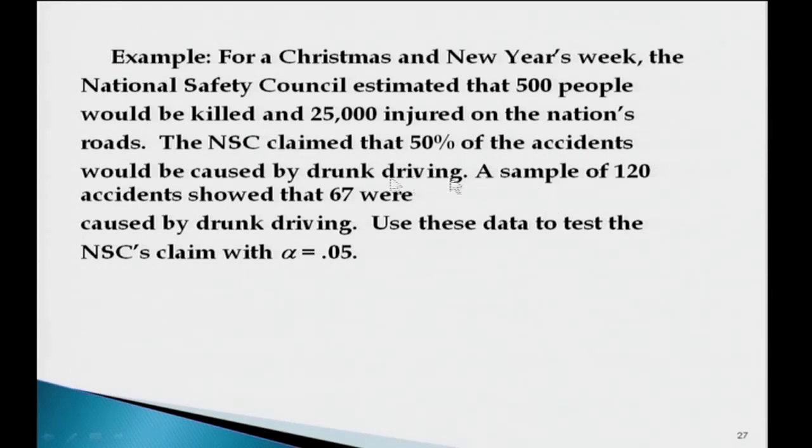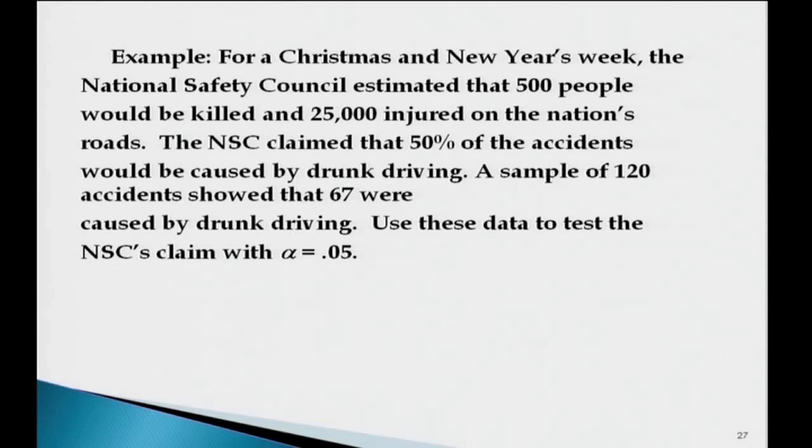It says a sample of 120 accidents showed that 67 were caused by drunk driving. They have an estimate that 50% of the road accidents would be caused by drunk driving. When we took a sample of 120 accidents, that showed that 67 were caused by drunk driving.